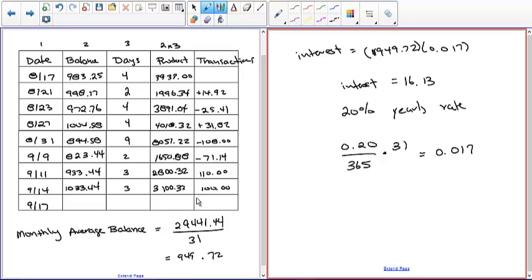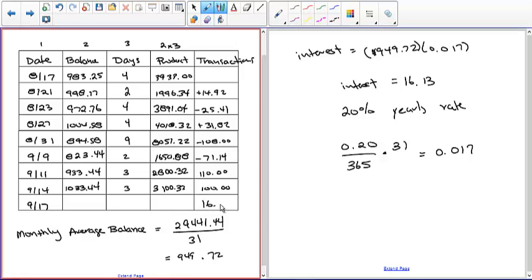So that's another transaction, which in this case is a positive because you're adding to your debt. So then you'll add 16.13 to 1033.44, and you get 1049.57.